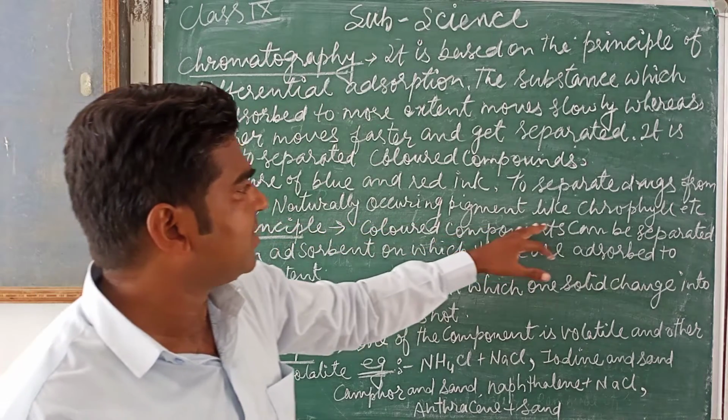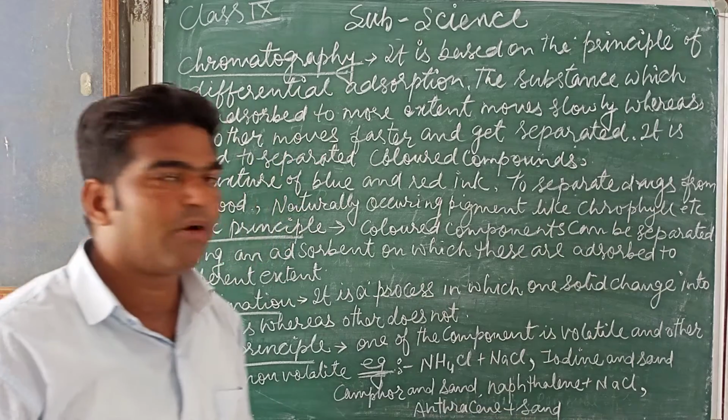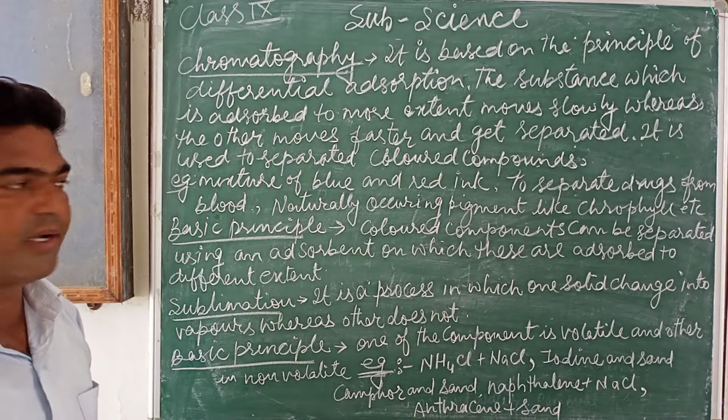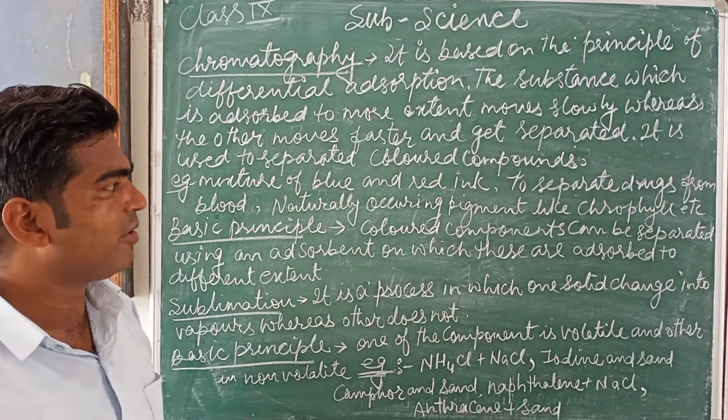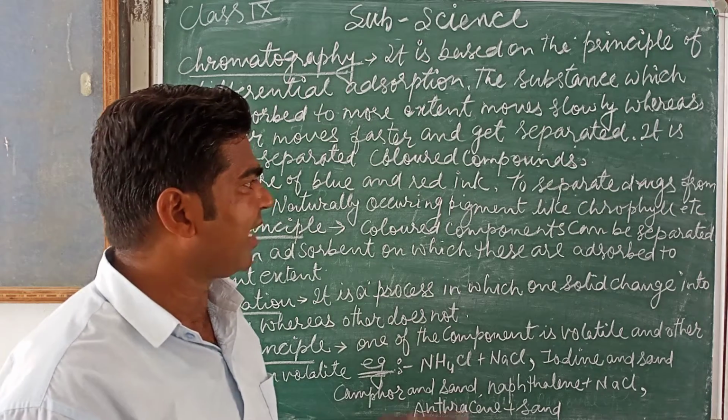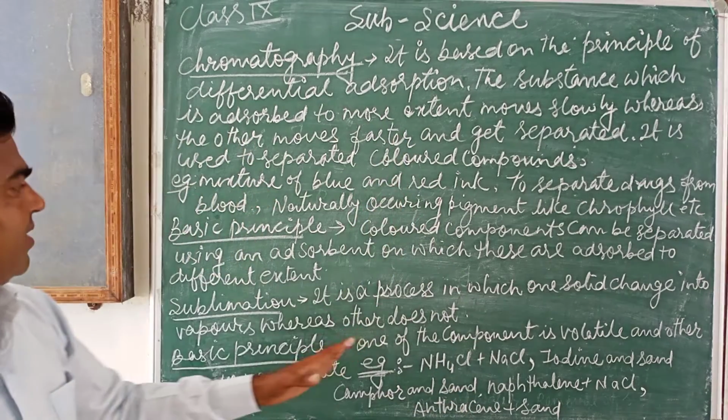Naturally occurring pigments, as I told you, like chlorophyll or xanthophyll from the carrot, or any naturally colored material, can be separated by this method.